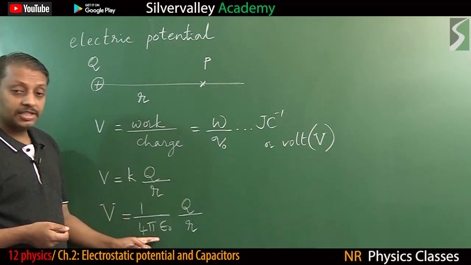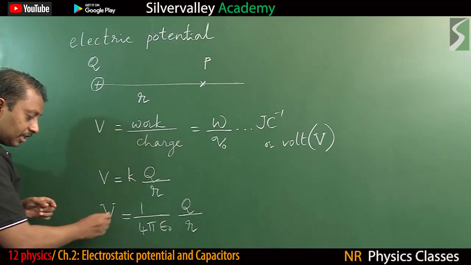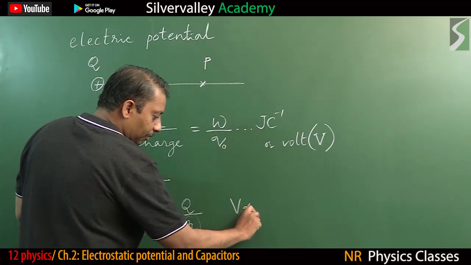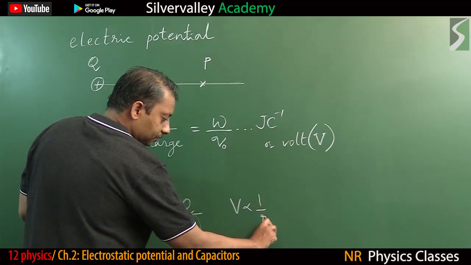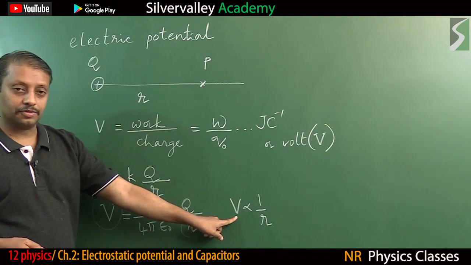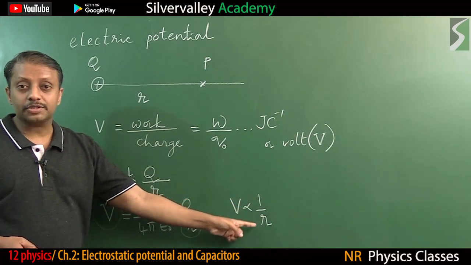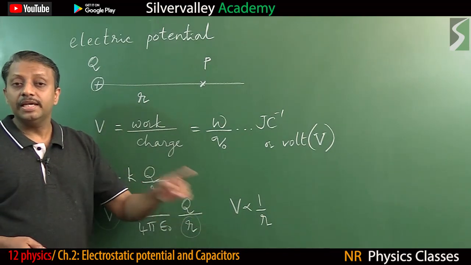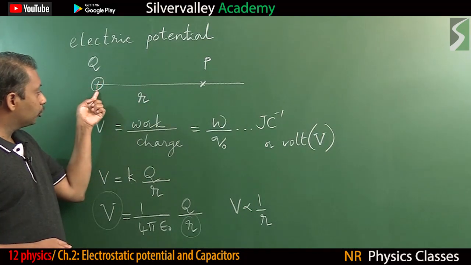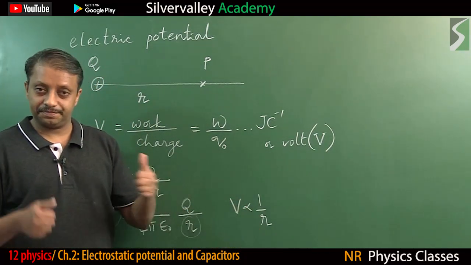This expression is true only for this case, okay? And potential is inversely proportional to distance. Looking at the condition, we have to decide this, okay? We should not simply say potential is inversely proportional to distance. It should always be: potential at a point due to a point charge is inversely proportional to distance.